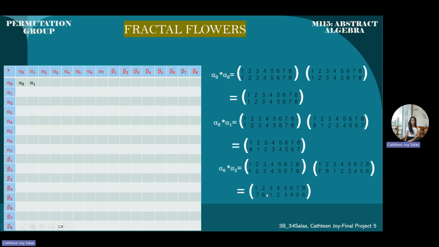So 7 is the product for this permutation. For 1:7. And for 2:8, we have here the 8. So we will look at the 8 at the corresponding elements for the first table. So we have 8. So we have the product is 8.